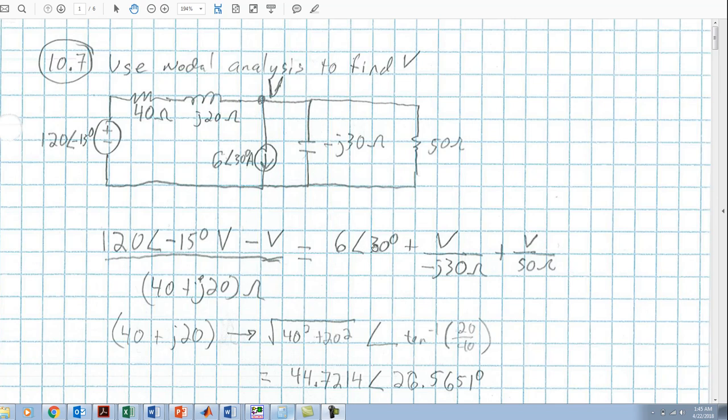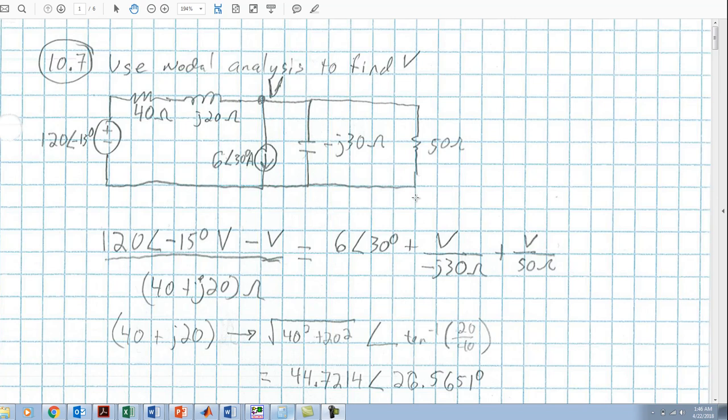So we have 60 phasor 30 current leaving here through the current source, plus V over negative j30 ohms. That's going to be the current leaving the node through the capacitor, plus V over 50 ohms. That's going to be the current leaving through the 50 ohm resistor.